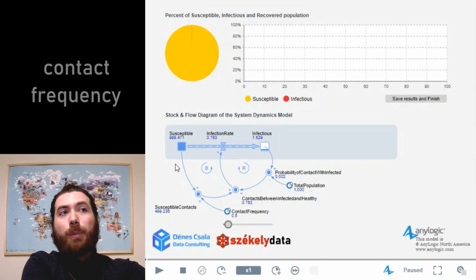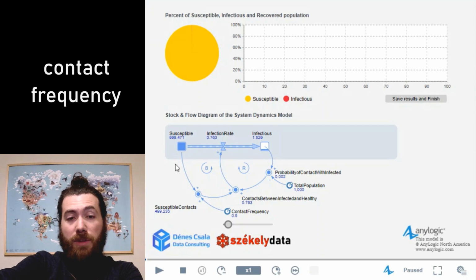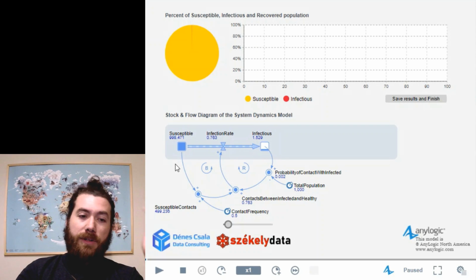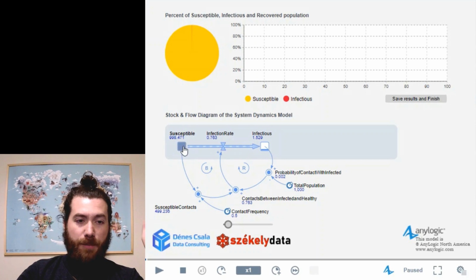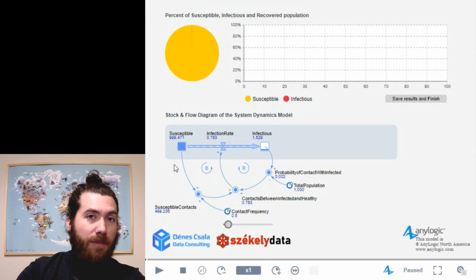So actually the number of people that you get into contact with in a day, let's say, or in a time unit. So now my model gets modified a little bit. I still have my susceptible contacts, which would be all the people multiplied by the number of other people that they get into contact with on average per day or per time unit.